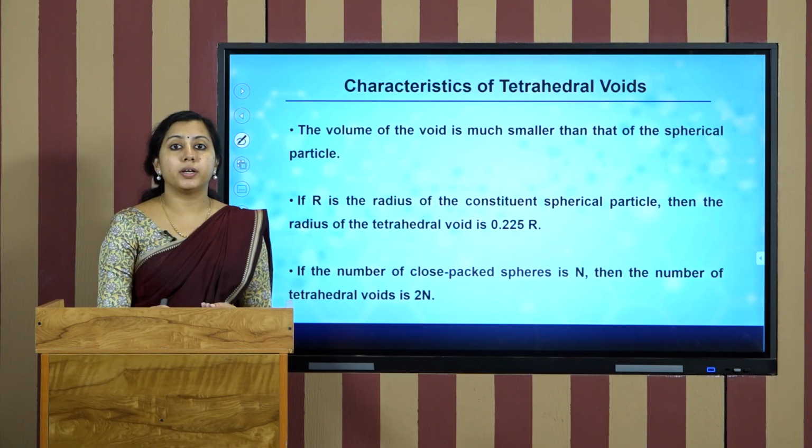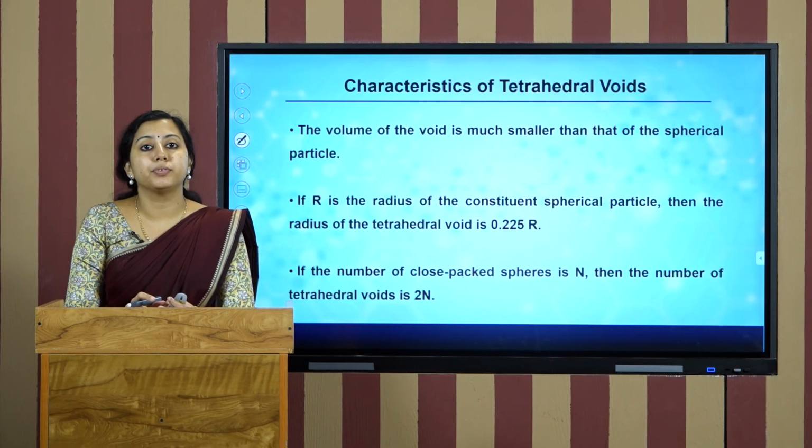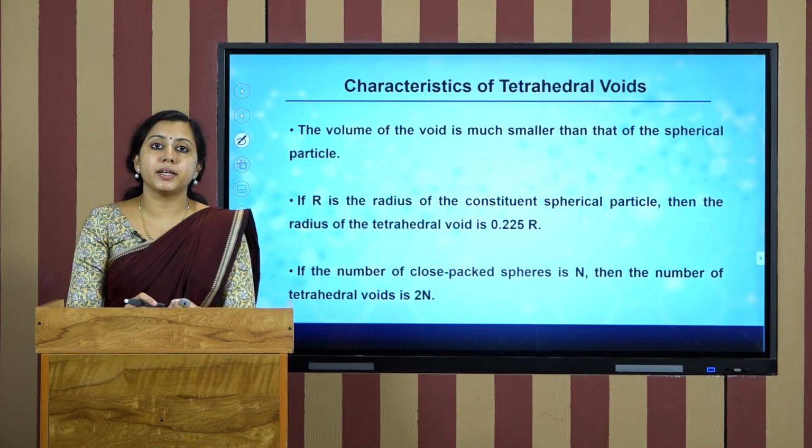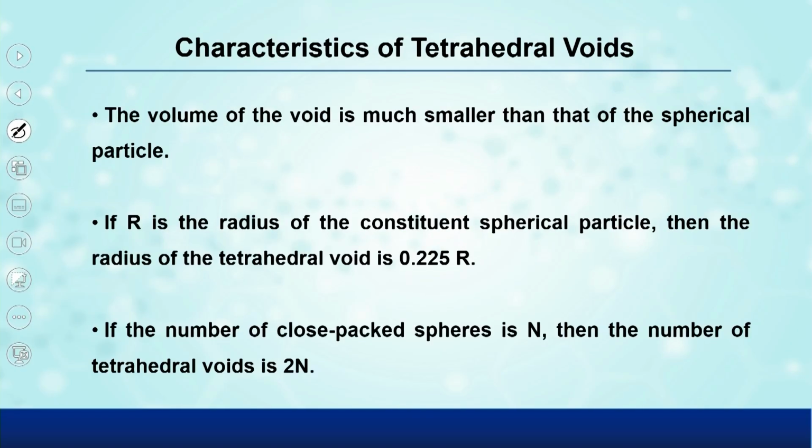The volume of the void is much smaller than that of the spherical particles. From geometrical considerations, if r is the radius of the constituent spherical particle, then the radius of the tetrahedral void will be 0.225 r. If the number of close packed spheres is n, we have seen that the number of tetrahedral voids is 2n.